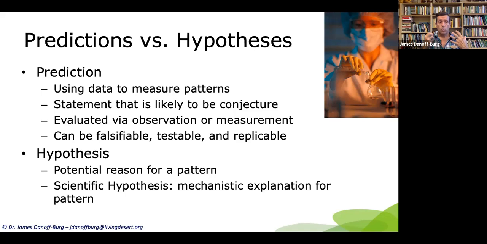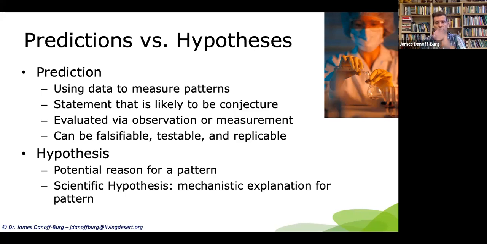And that prediction should be, again, falsifiable or testable, and certainly be able to be done in many places, or what we call replicable, right? So it needs to be able to be supported or refuted, falsifiable and testable, and also be able to be done across multiple locations, so it can be generalized to other places, to other people, to other situations.